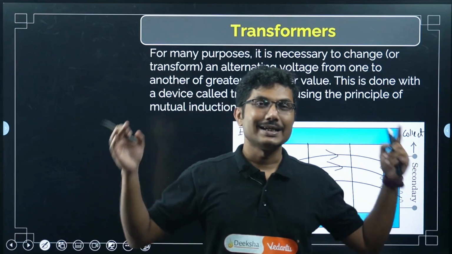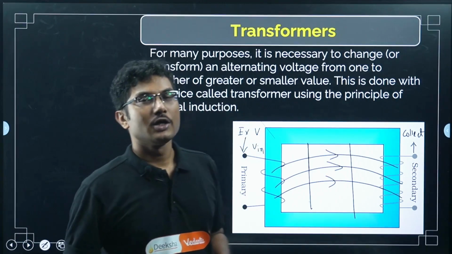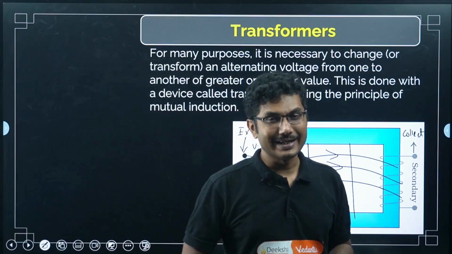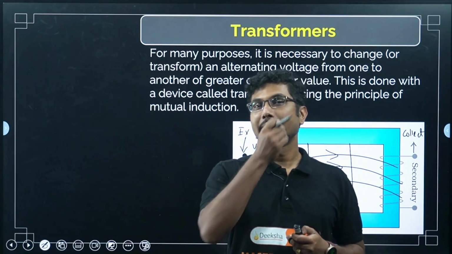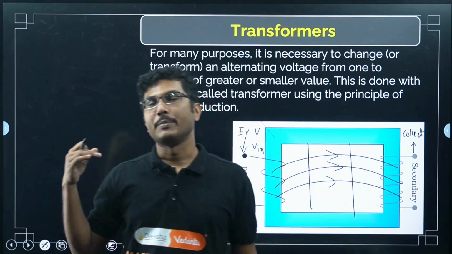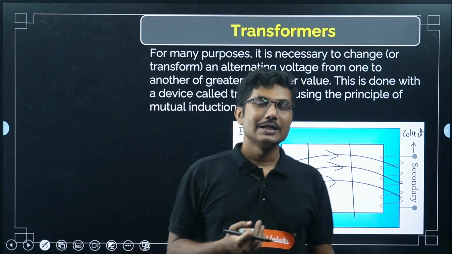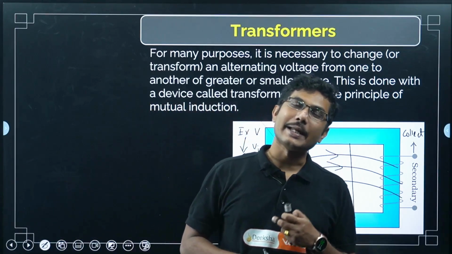This is not possible without a transformer. The voltage generated in a hydroelectric power plant is very low, in the order of maybe 5 volt, 10 volt or 20 volts, but it is AC, so you can step it up.